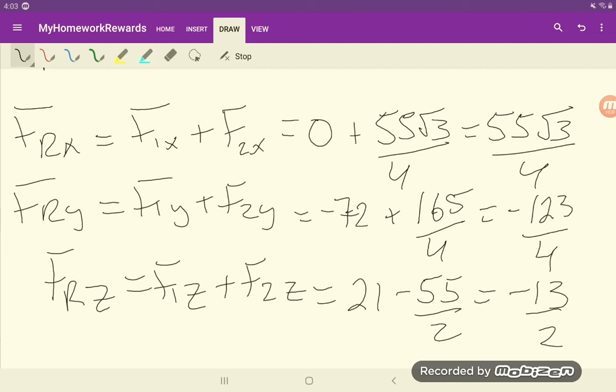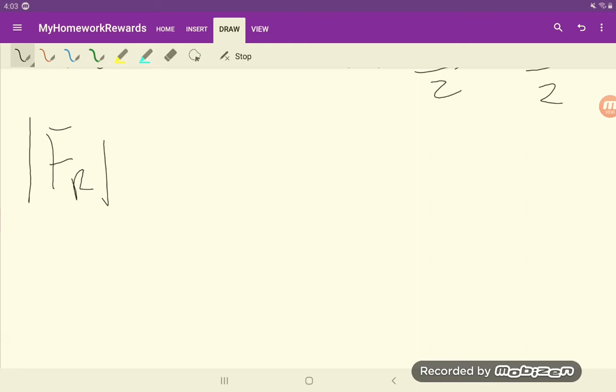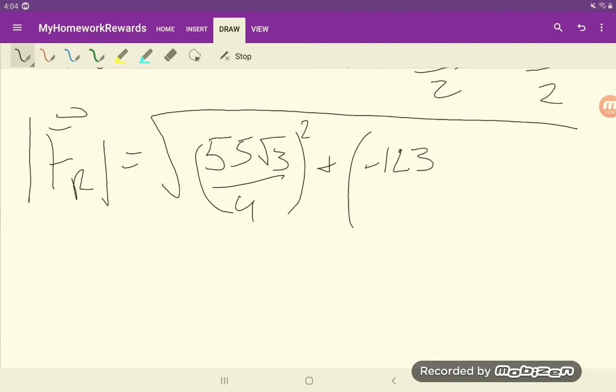So at this point, we have the x, y, and z components of the resultant force. Putting them all together, we find the magnitude of the resulting force using the Pythagorean theorem. Take the x component and square it, take the y component squared, and the z component.